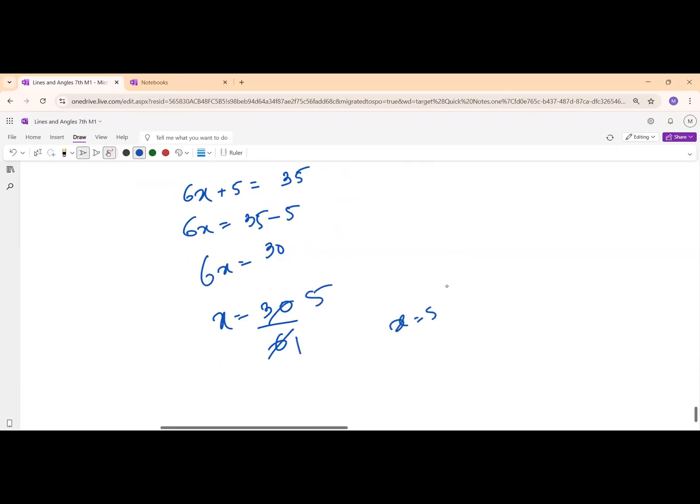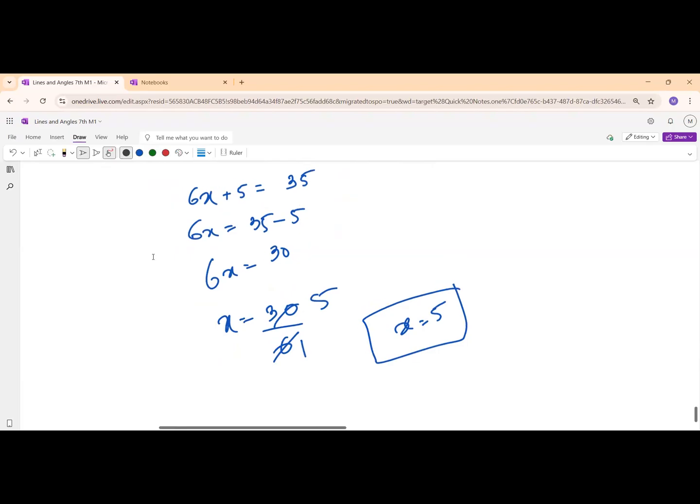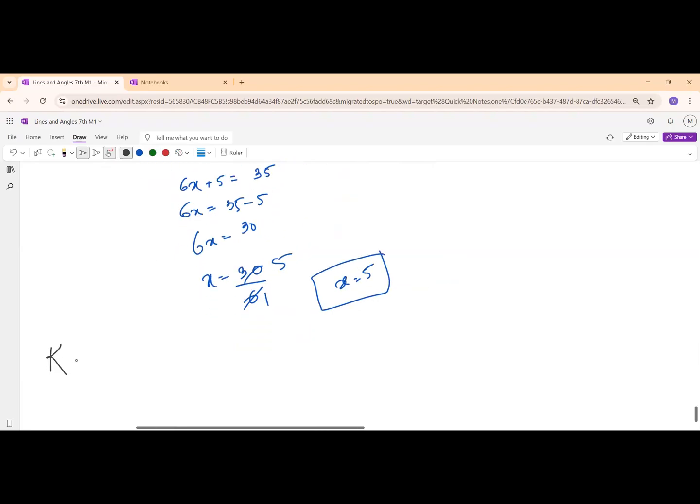So guys, x is equal to 5. So Kavisha is 5 years old. Is this clear, guys?